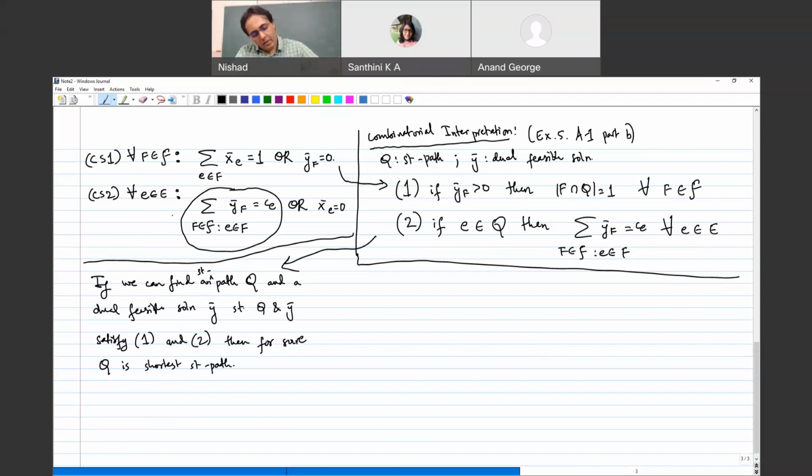And this is going to be the driving idea behind our algorithm.